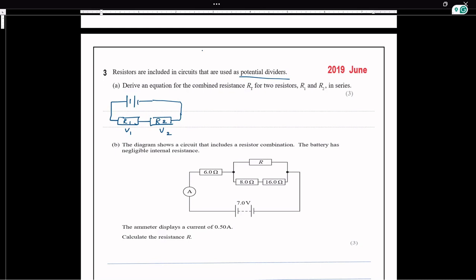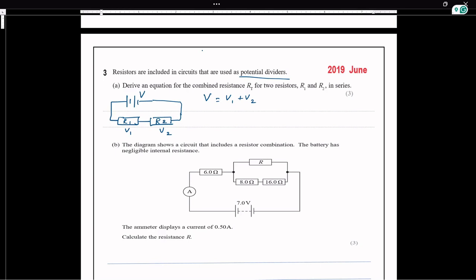And since it is a series connection, the total supply voltage, or the battery voltage, is distributed among these two resistors R1 and R2. That means the total voltage V is the sum of V1 and V2, shared by the two resistors according to their resistance value.